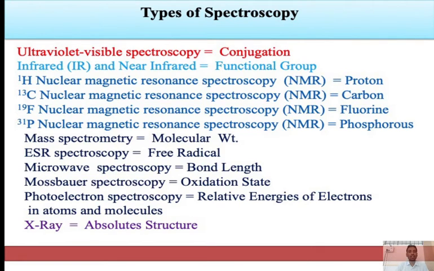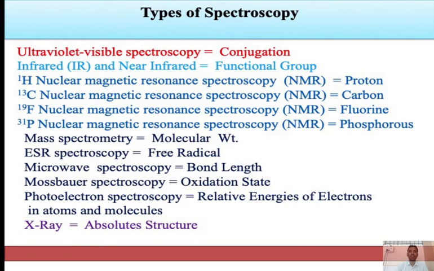Then ESR detects free radicals or unpaired electrons. Microwave spectroscopy finds bond length. Mossbauer spectroscopy gives the oxidation state of molecules, Fe2+, Fe3+, likewise.